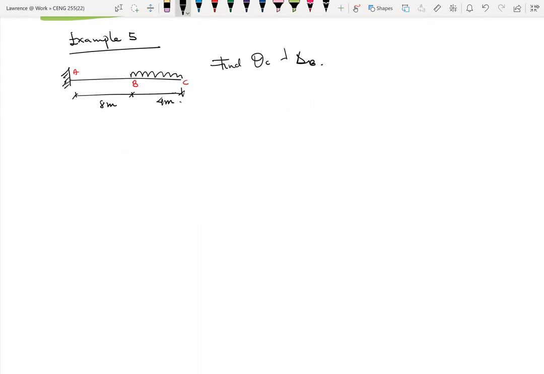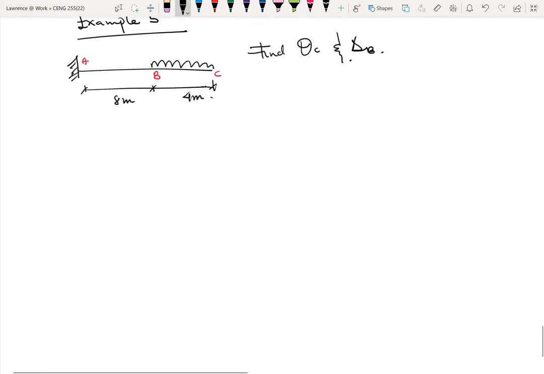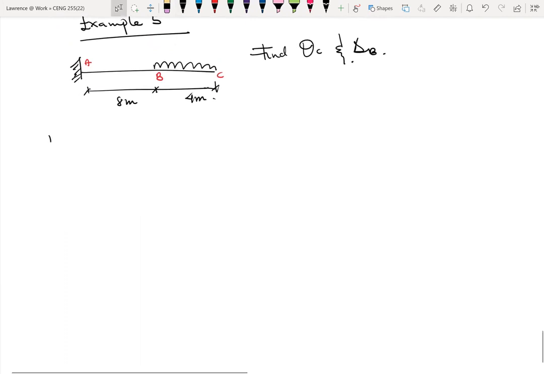So here again, we move things around and we draw a bending moment diagram. The bending moment diagram will take this shape.